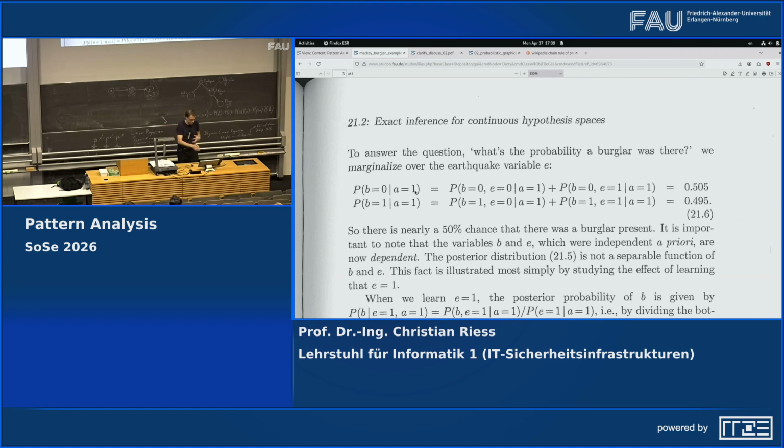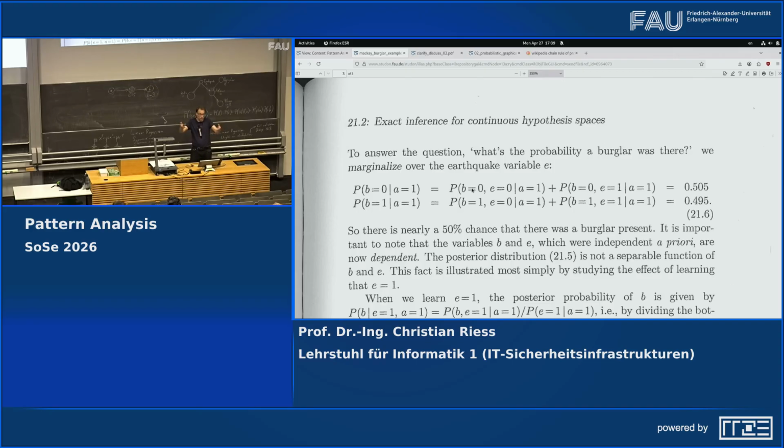Like in this particular case, in this equation 21.6, we want to get rid of the earthquake on the left-hand side. In this expression, we have our expressions with the earthquake, and the earthquake can either have happened or it has not happened. So these are the two possibilities.